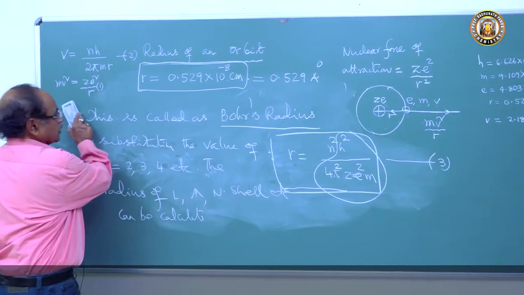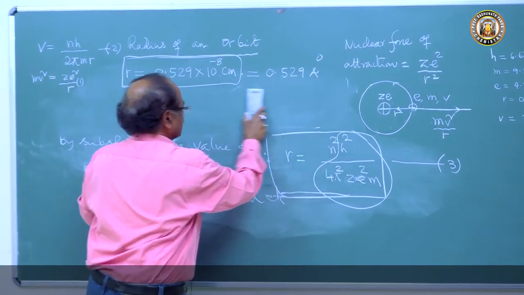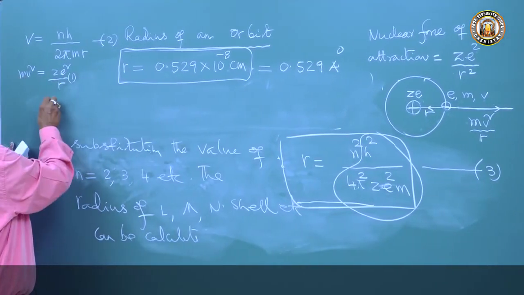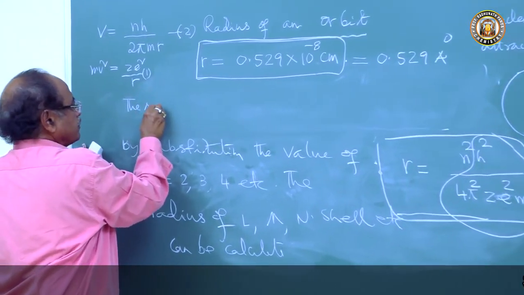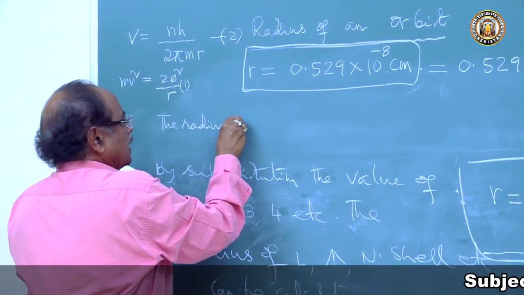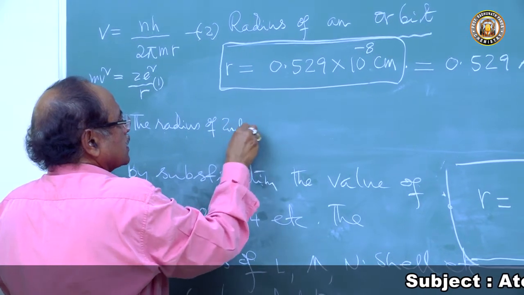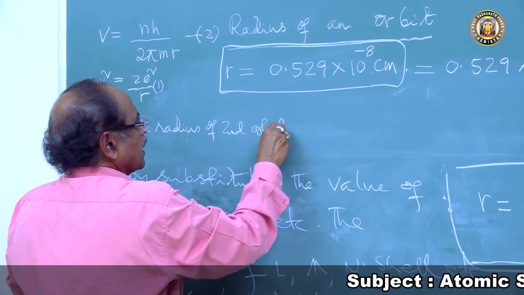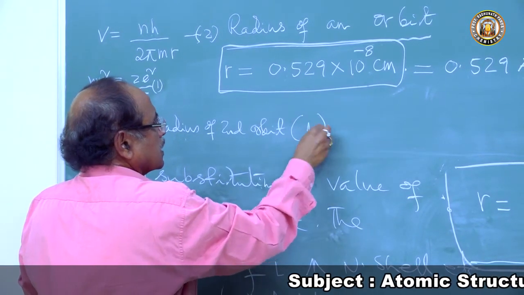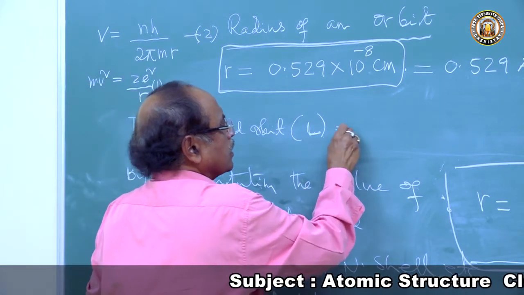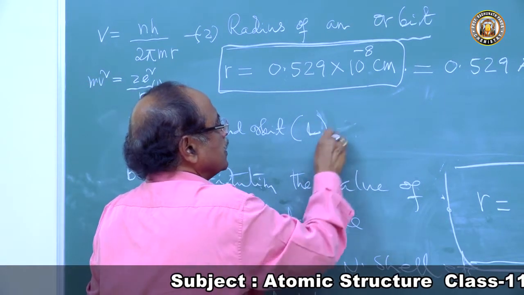So now let's do this here. Suppose the value of the radius of the second orbit, that is the L shell, will be how much? n equal to 2.